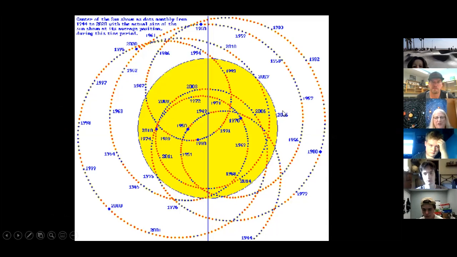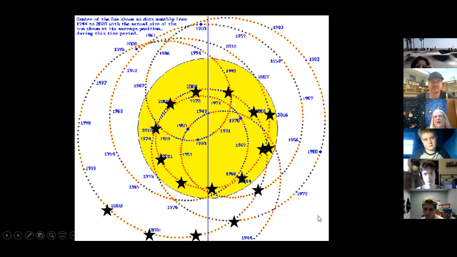I'm going to show you the center of the sun from the year 2000. As all the planets are tugging on the sun, this is the motion it has done. So 2000, 2008, 2010, going up to 2020.